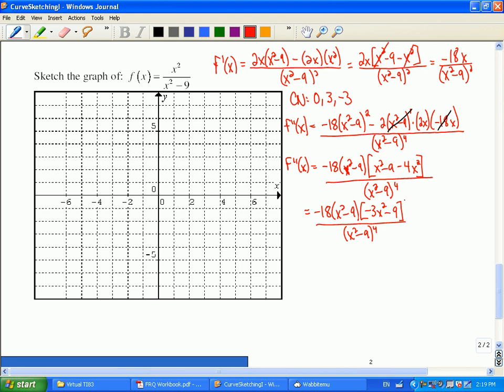And I'm also going to factor out a negative 3 here. It's going to help me when I factor looking for the inflection points. So if I take a negative 3 out, this negative 18 is going to become positive 54. And here it's going to become x squared plus 3.